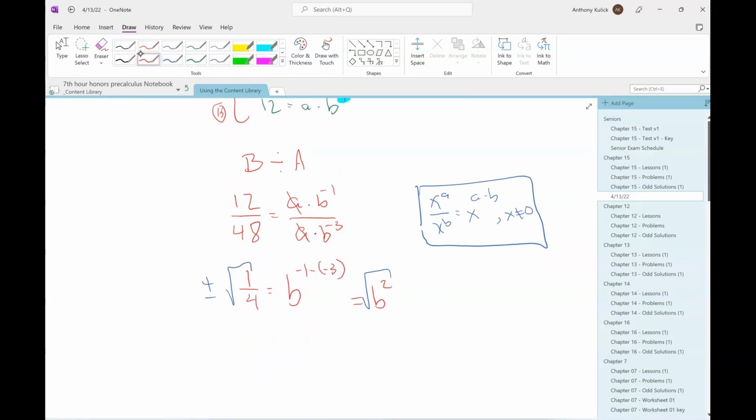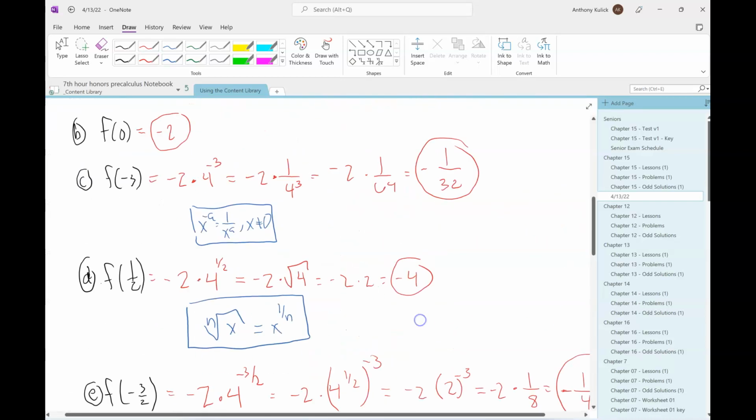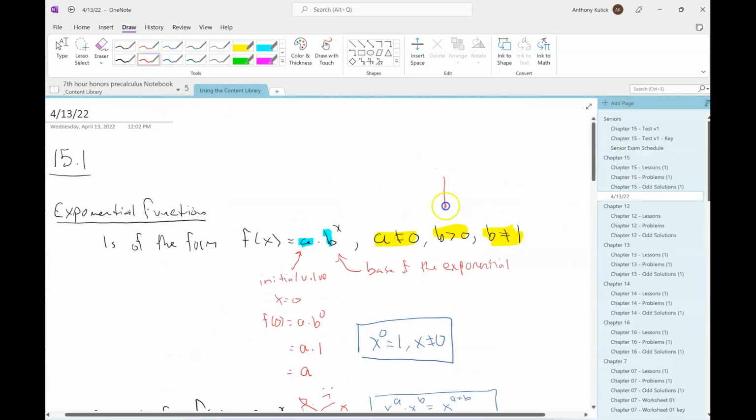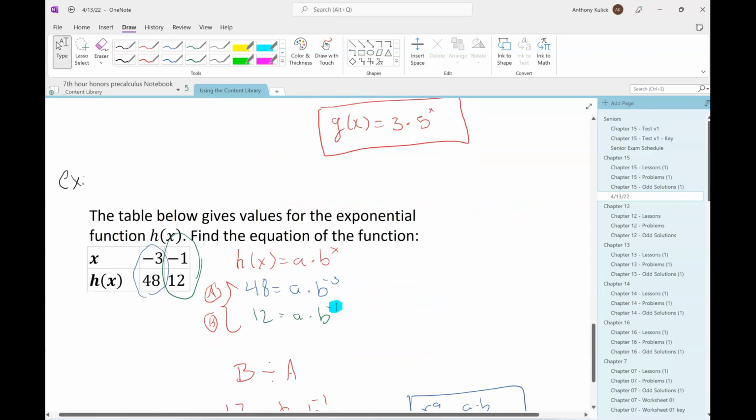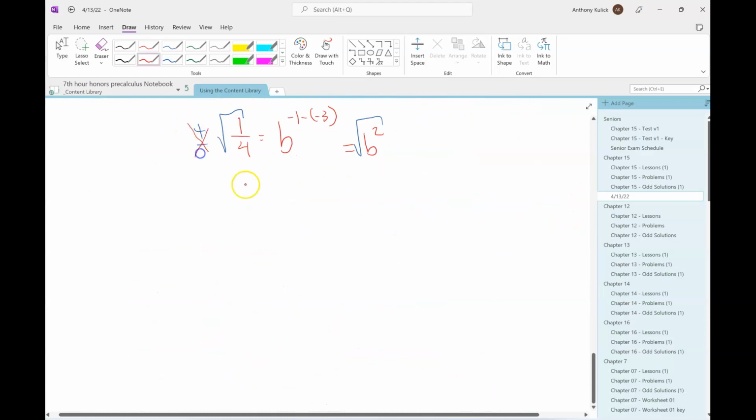But remember the restrictions we have on b. What does b have to be? Positive. So that plus or minus, I can immediately drop. So there's my value for b.